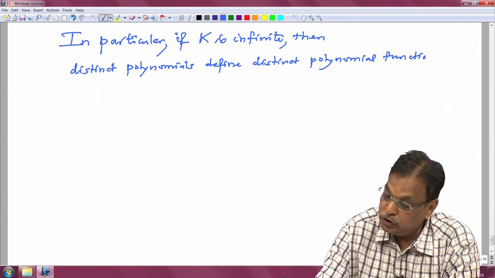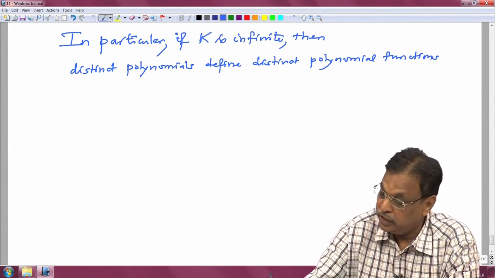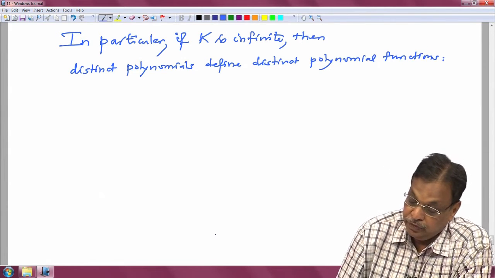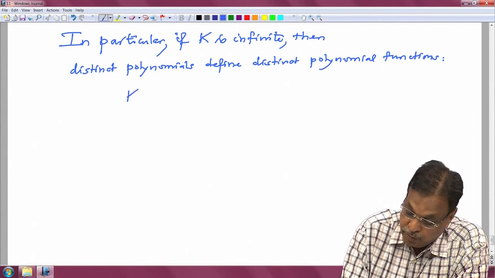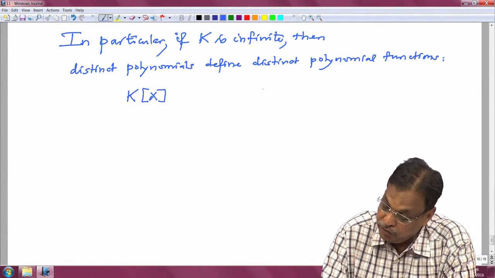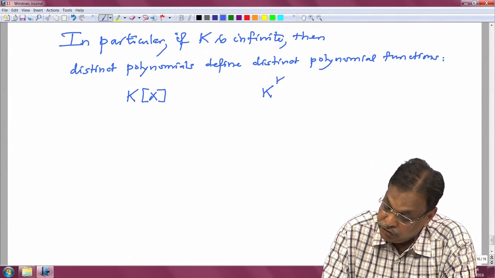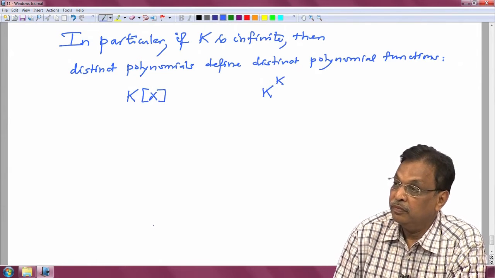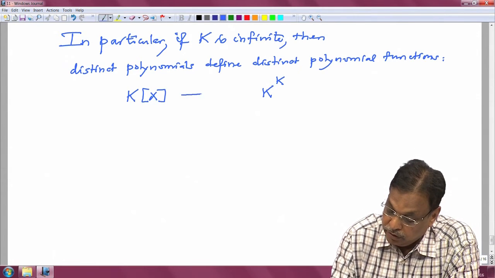Let me write it in notation for clearer understanding. This means the following. We have the set of polynomials here and the set of functions, and we have a natural map.